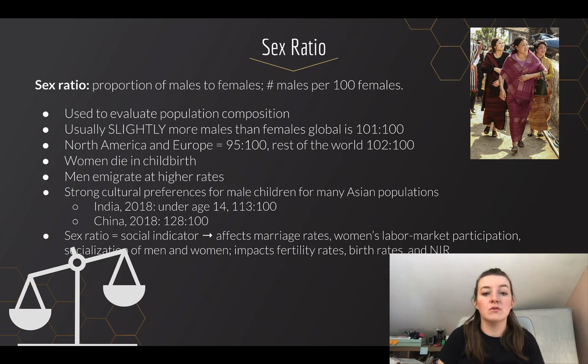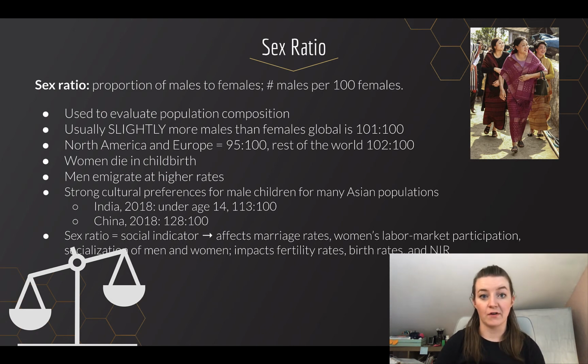That's a huge difference. But even more striking, China, also in 2018, had 128 males for every 100 females. So you have 28 percent, more than a quarter more males than you have females. And that's shocking.